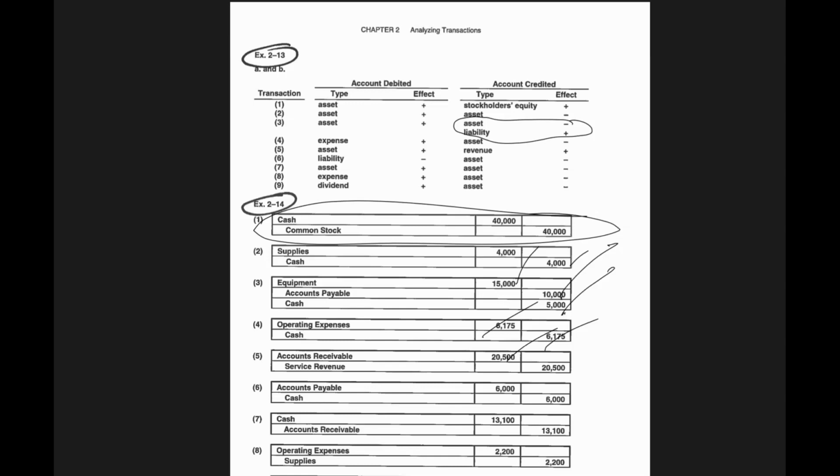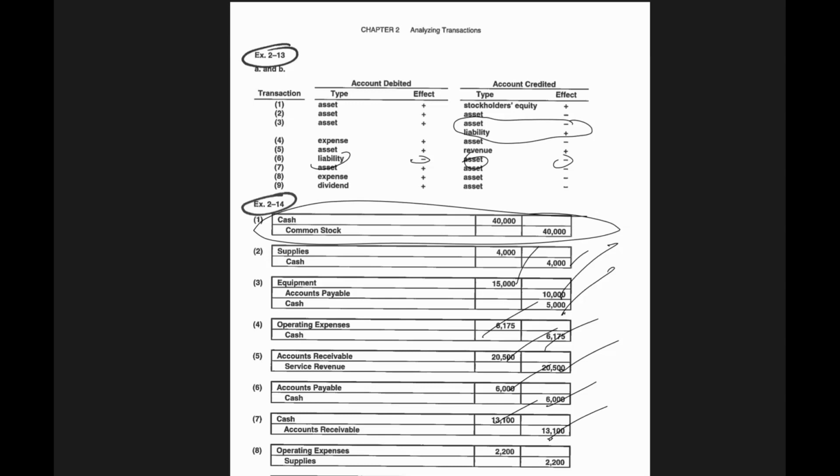Receivable, debit, increase. Revenue, credit, increase. Accounts payable is normally a credit, so we're reducing the payable. We're reducing the payable, the liability, and we're reducing cash, reducing our asset. Cash going up, AR going down.